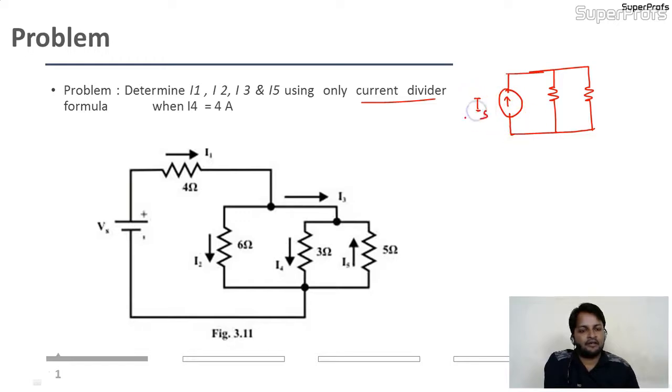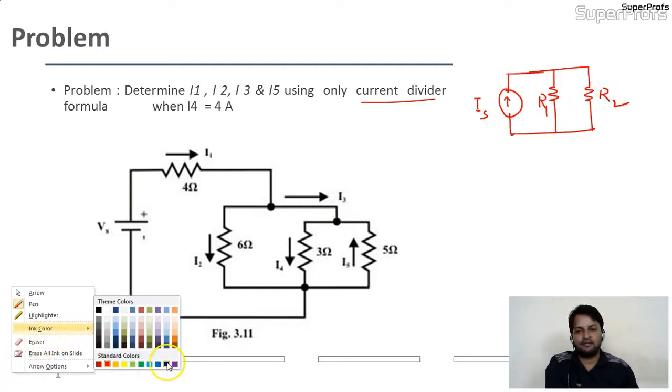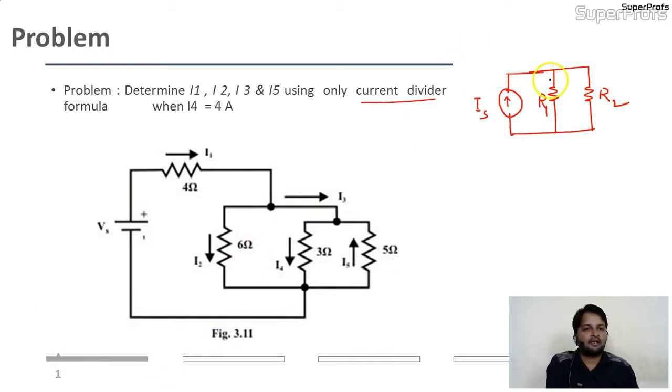This is IS, this is R1, this is R2. Again, I'm recalling this for you people. See, the current I1 is going into R1, the current I2 is going into R2.